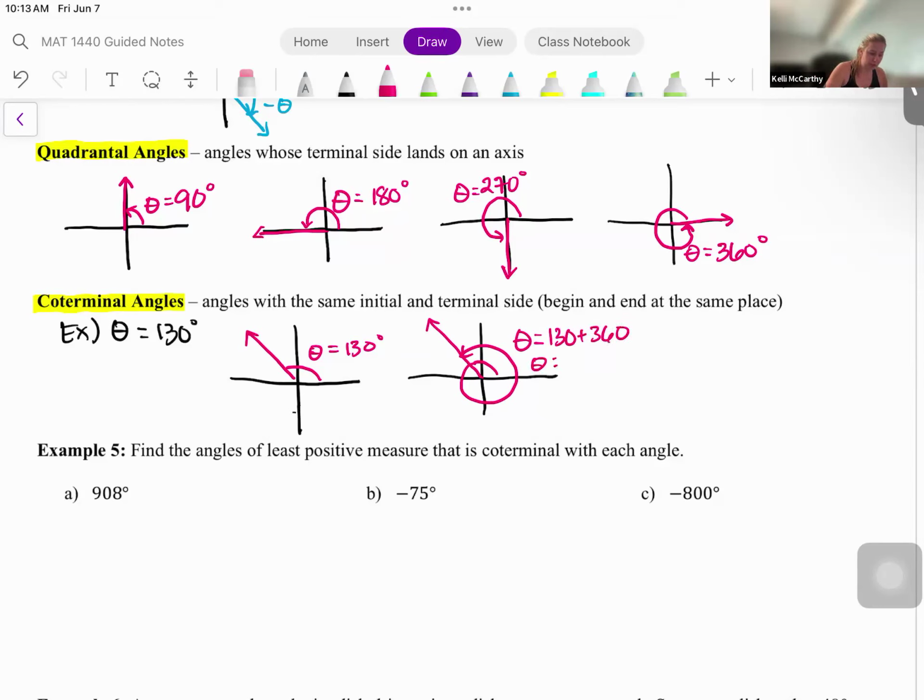So theta is equal to 490 degrees. So now we can see that an angle measure of 130 degrees and an angle measure of 490 degrees begin and end at the same place, making them coterminal angles.